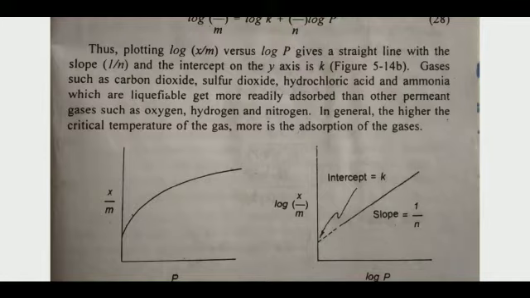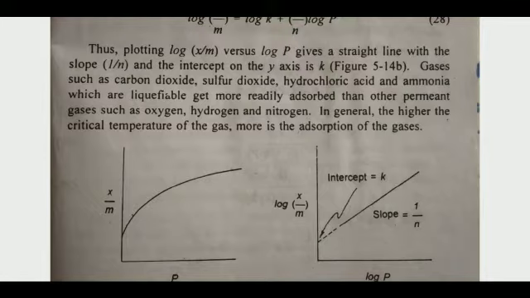Gases such as carbon dioxide, sulfur dioxide, hydrochloric acid and ammonia, which are easily liquefied, are more readily absorbed when compared to oxygen, hydrogen and nitrogen. Gases having a higher critical temperature show more absorption. This is the Freundlich absorption isotherm.